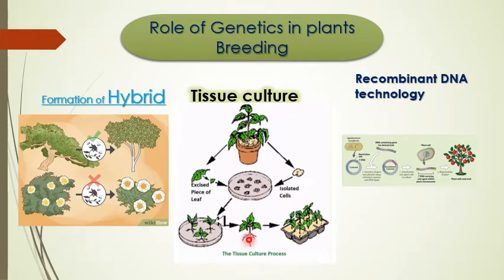Then they are grown for agriculture purposes. This process is known as tissue culture, which helps in the biotechnology process. So the next one is recombinant DNA technology.